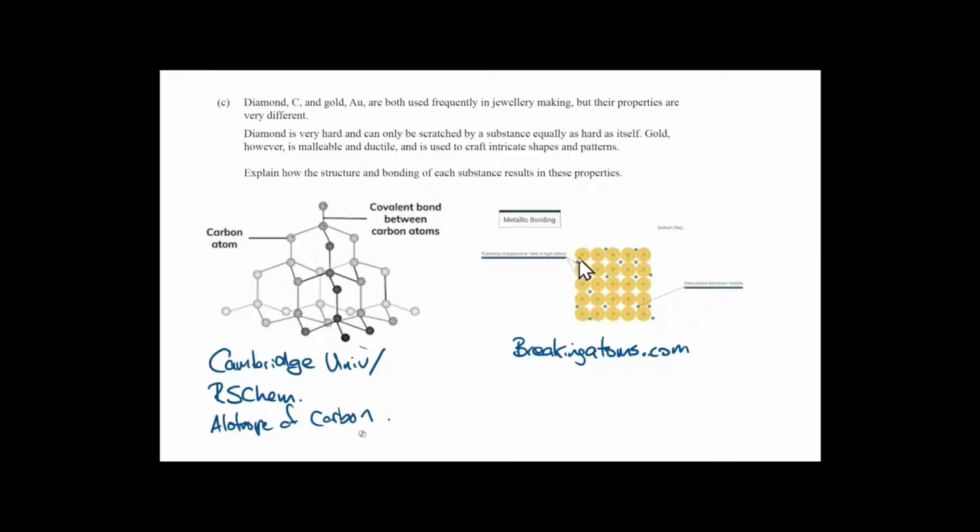It also means that the layers here can slide past each other fairly easily, and that's what makes it malleable. When we hit it, they're just going to move and stay where they are. They're not going to resist that movement, but they're going to want to stay together, and that's what makes it malleable.